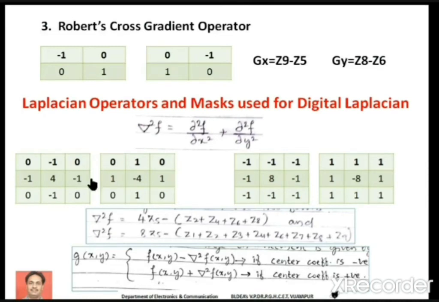If the coefficient is positive, we get the equation as f of x,y plus del square f of x,y. This is in case you are using the mask where the center coefficient is positive. This is about the Laplacian operators.